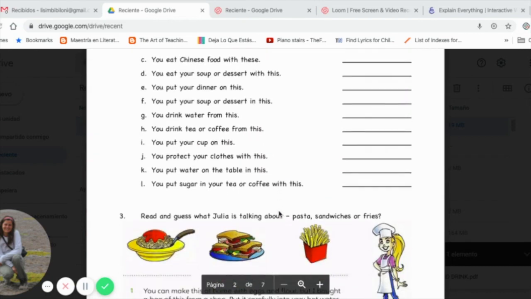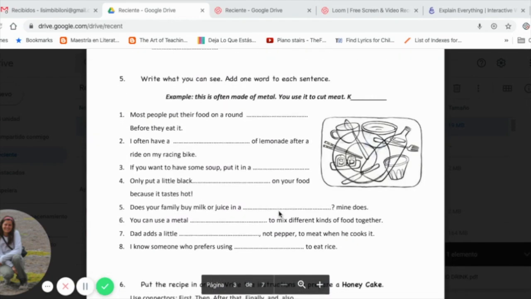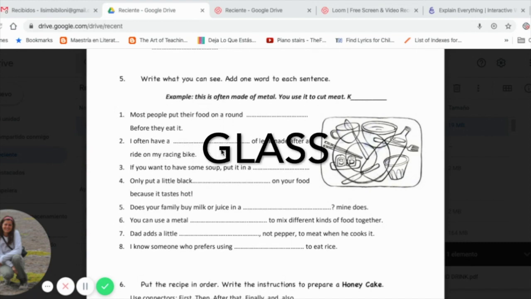But all the words are in the booklet. So let's see. I often have a glass of lemonade after a ride on my racing bike. I often have a glass, maybe a glass of lemonade.